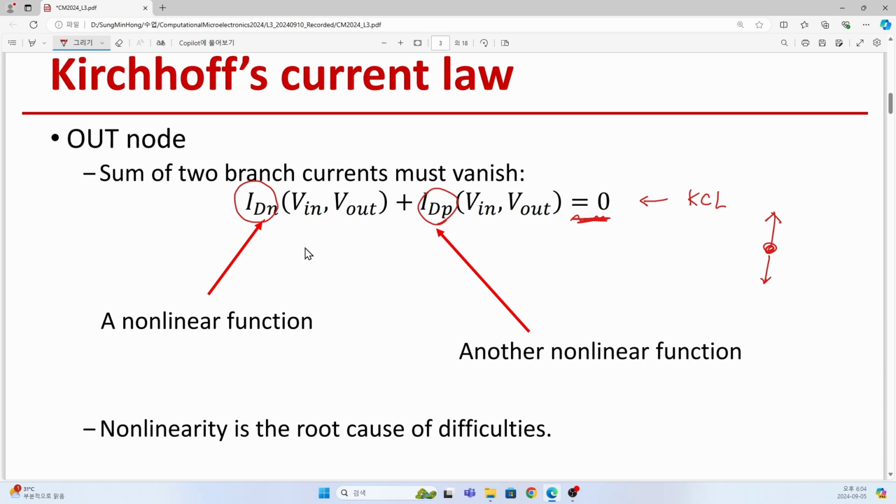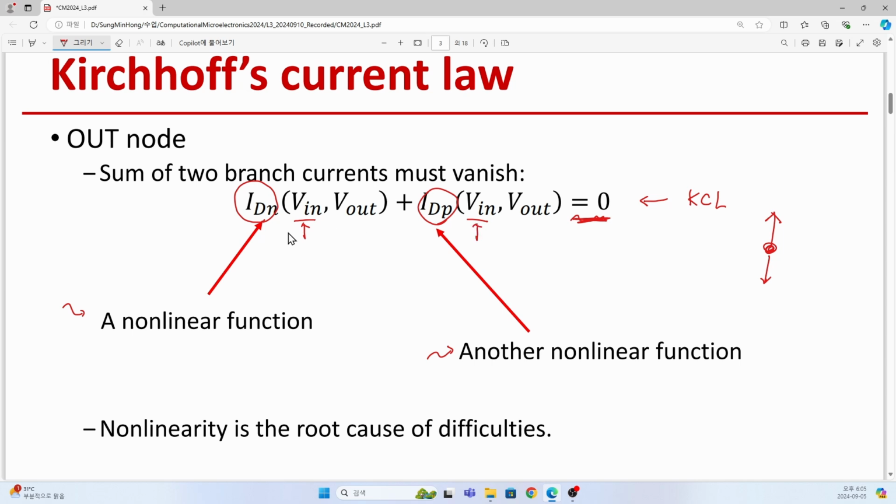Please note that this problem becomes complicated only because these functions are nonlinear functions. So now let's think about it this way. This is just a given number and this is a given number.